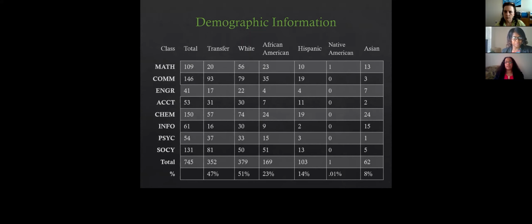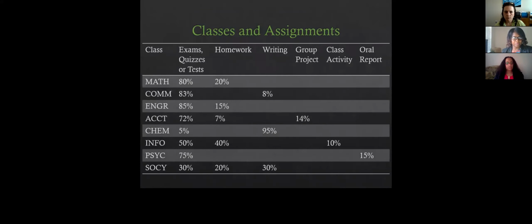Next is what classes we were able to look at in relationship to those 8. As you read through this, I will let you know that the first 4 courses, so math, comm, engineering, and accounting, are introductory courses. The second set of 4 courses are more advanced level: chemistry, information technology, psychology, and sociology.